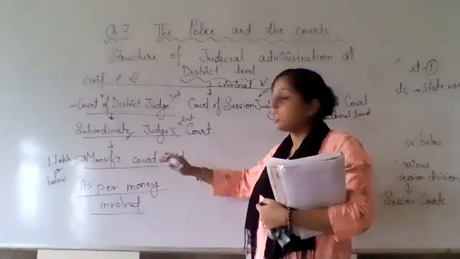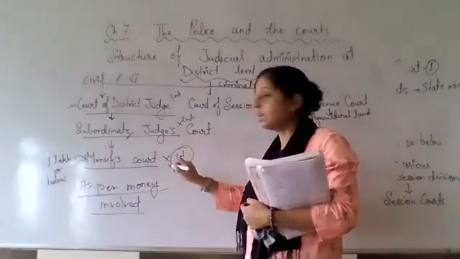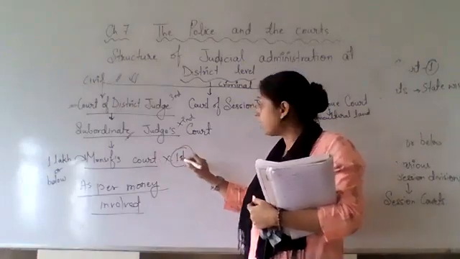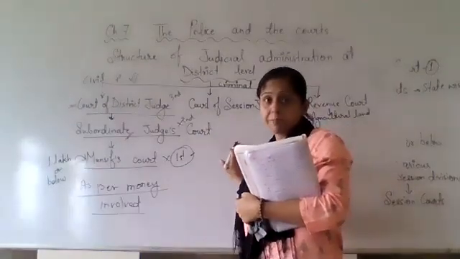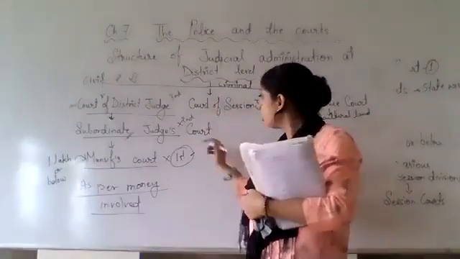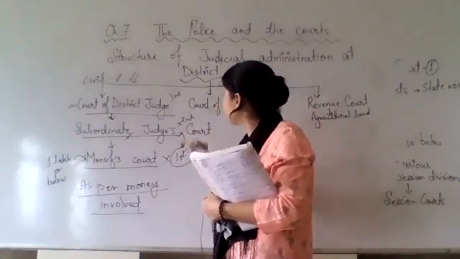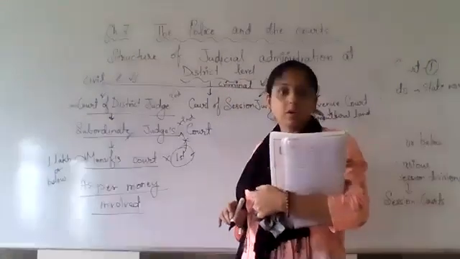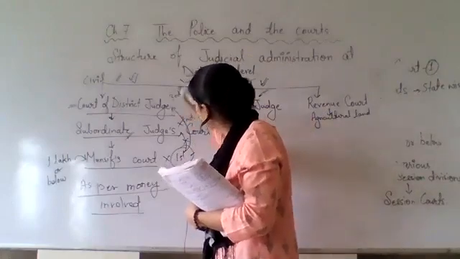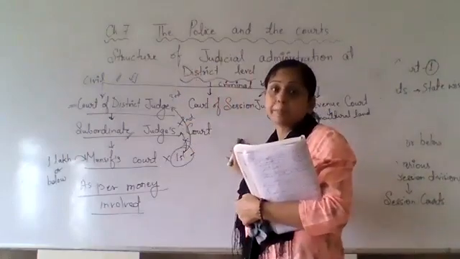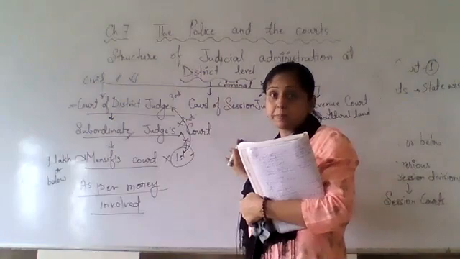Now, if you have filed a case here and you are not satisfied, you want to go ahead, there is no need to go here. You will directly go to court of district judge. Understood?